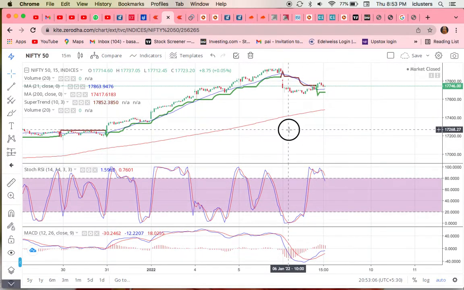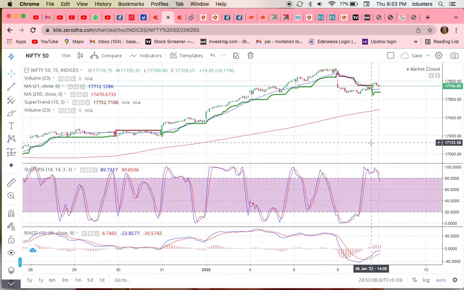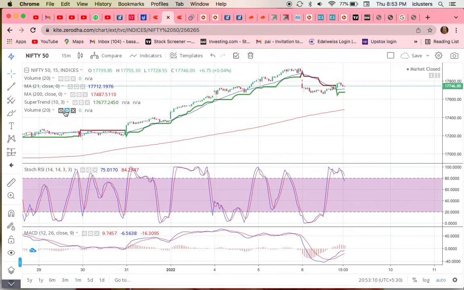If we find the volume chart, we can easily analyze this. But this is market closing time, friends. Once the market is open, we will find the volume clearly. The volume chart will definitely give you the best prediction for your trades.